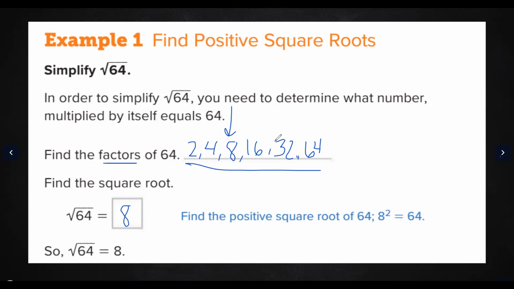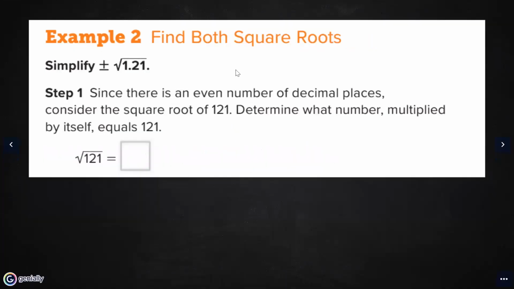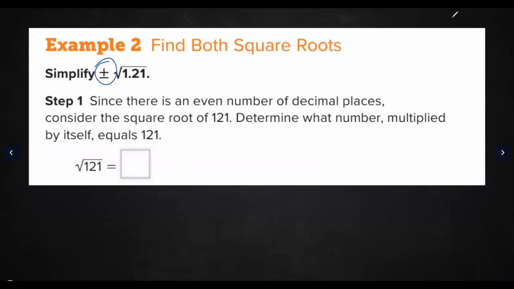Okay, very good. Let's see another example. In example number 2, it's asking us to find both square roots. If you see here, we have the symbol that asks for the positive and the negative square root of 1.21. Now, we have a decimal right here.